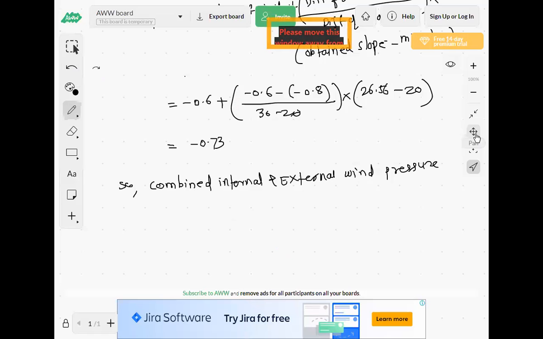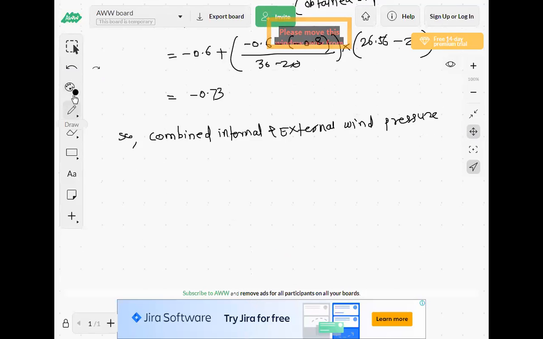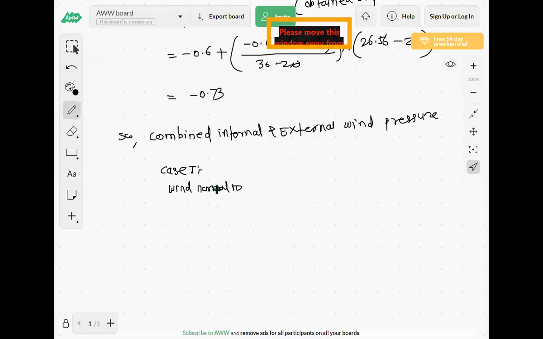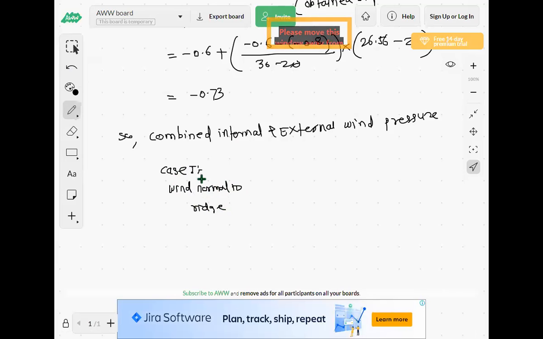See, I will make here one table. See, case 1. What is case 1? Wind normal to... just... in this way we can calculate.